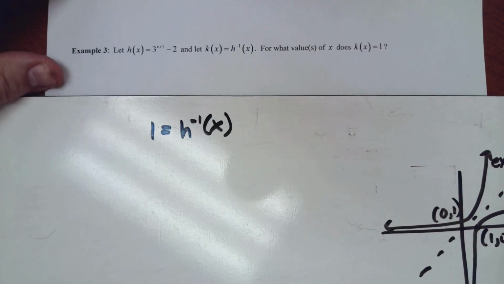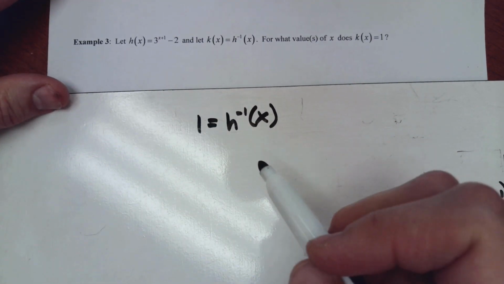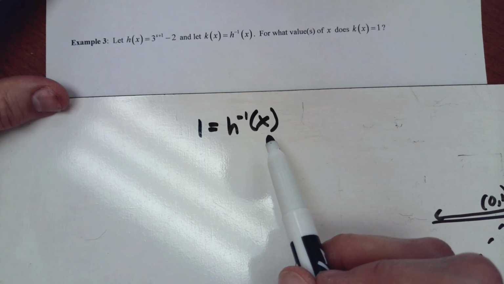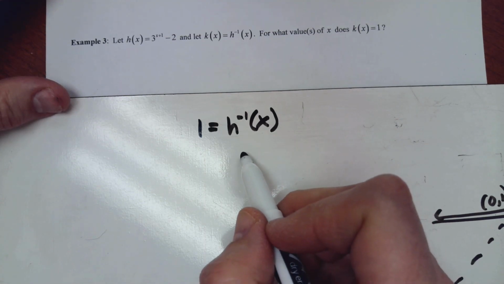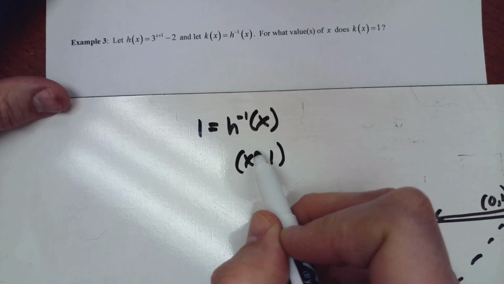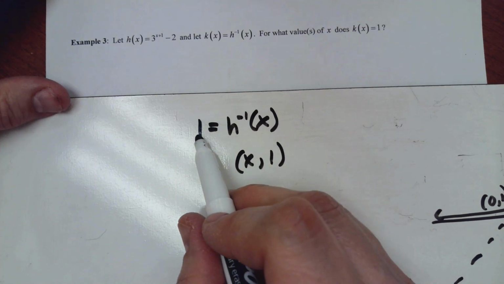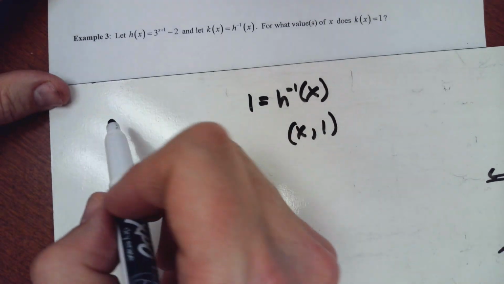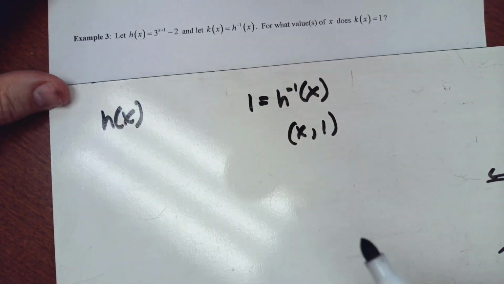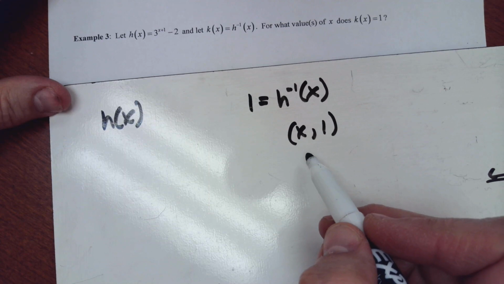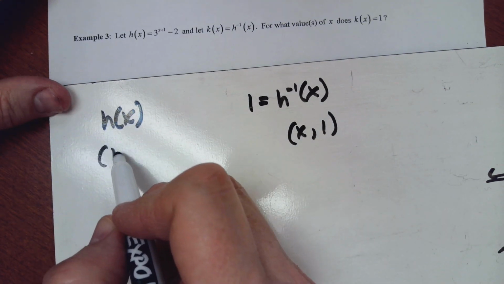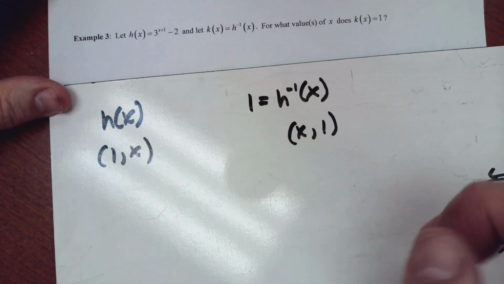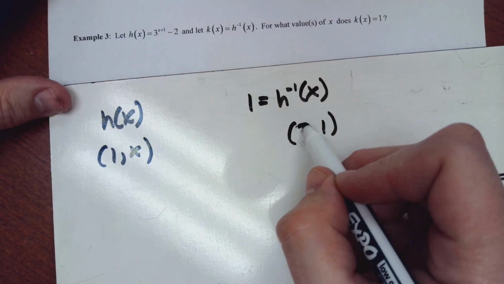So when you plug a number in, this is telling me that you get x comma 1, like there's just some number that you plug in that you get 1 for in the inverse. Well, over here on the original function, that point would now switch to 1 comma, and we wouldn't want x, so maybe I'll just put a question mark.